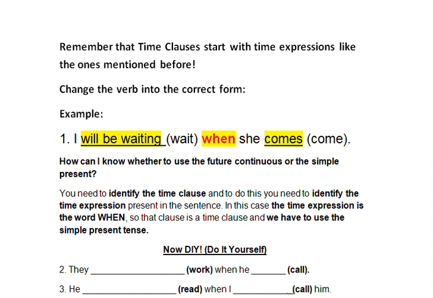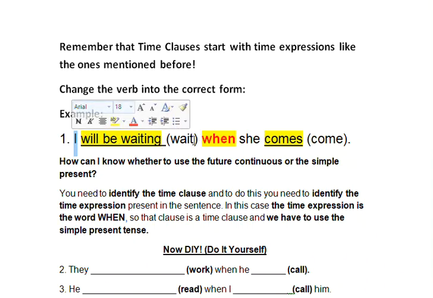Now I will do, I already did exercise number 1, and I will explain you step by step how to do it. Change the verb into the correct form. Example, I have the subject I, okay, then I have a blank or a gap. Tengo un espacio luego de esto, and I have the verb wait.